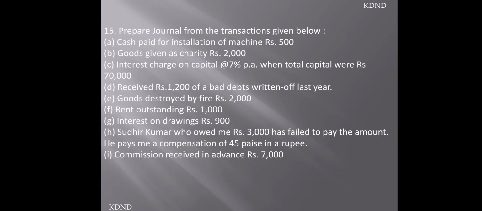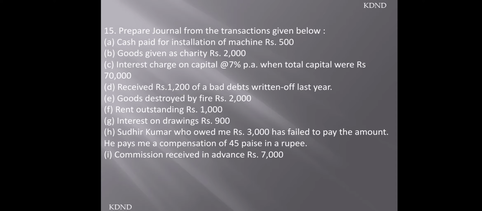Then comes your next. Sudhir Kumar, who owed me rupees 3,000, has failed to pay the amount. So again this is a pure bad debt. He is ready to pay compensation of 45 paisa in a rupee. Where I am liable to get 1 rupee, he is ready to pay 45 paisa.